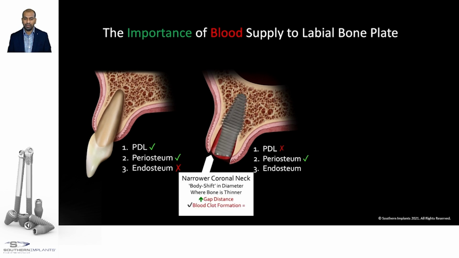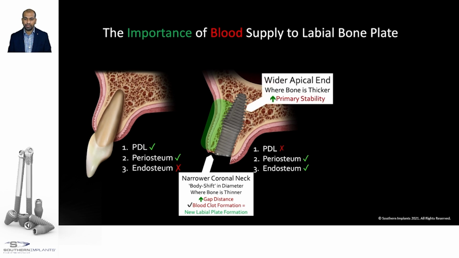With the new design, we're still getting good primary stability from the apical aspect, but now we have much more volume at the coronal aspect to give us more predictable results and hopefully less complications.